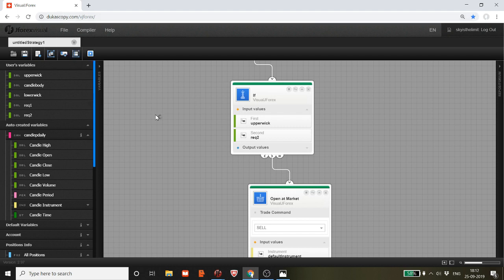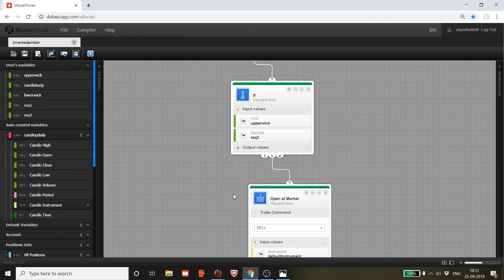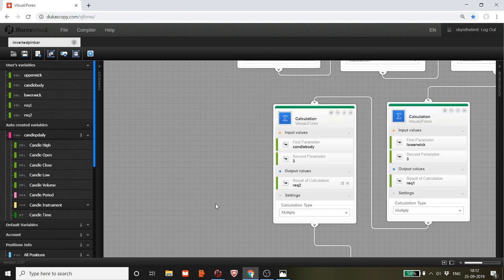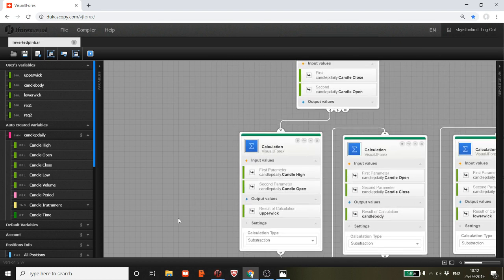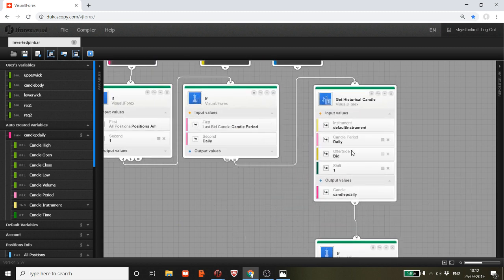Now save it. Inverted pin bar. And then export it. Candle period daily.